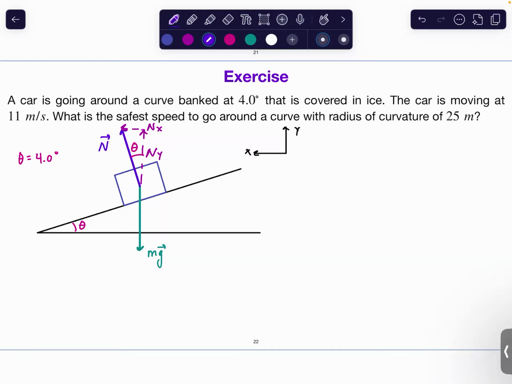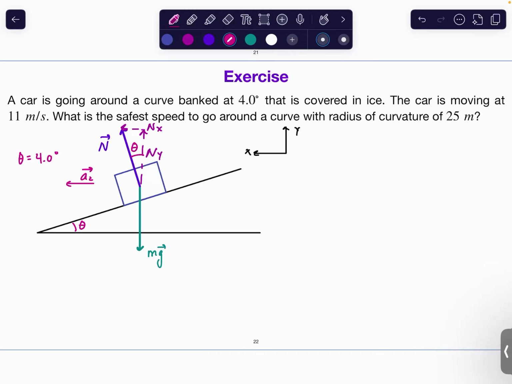Now, your centripetal acceleration, of course, is going to be that way.